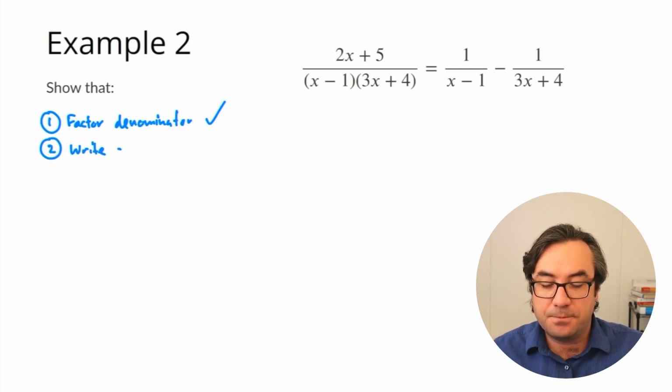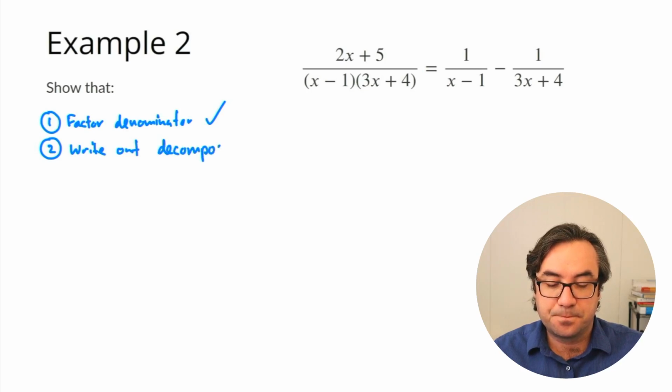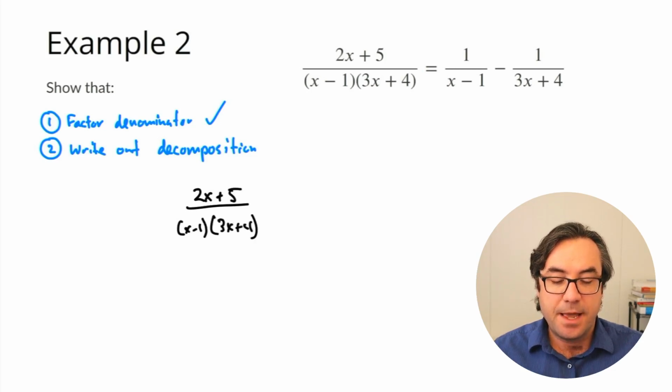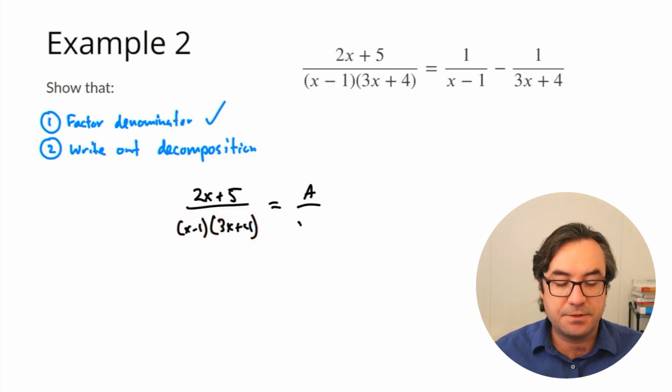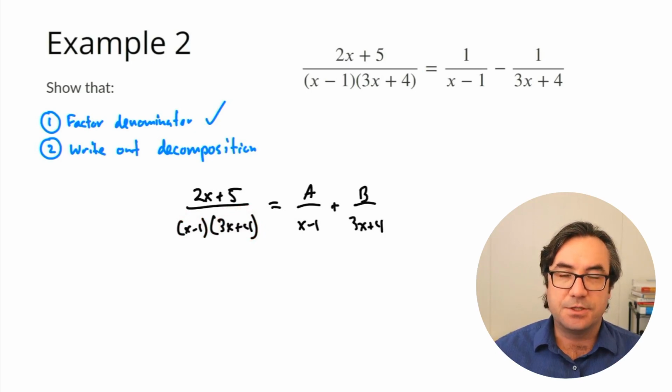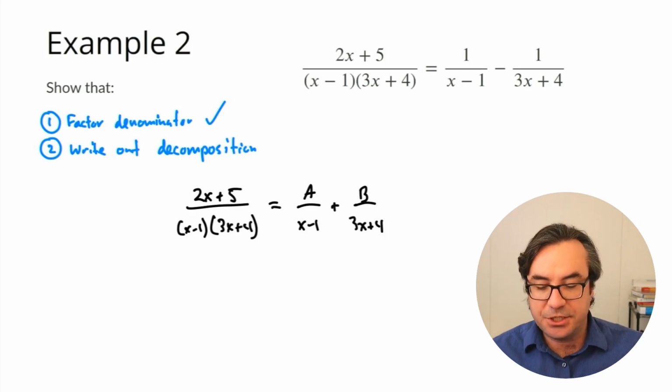So in our case, the function was 2x plus 5 over x minus 1 times 3x plus 4. And again, each of those linear terms gets its own fraction. So A over x minus 1 plus B over 3x plus 4.